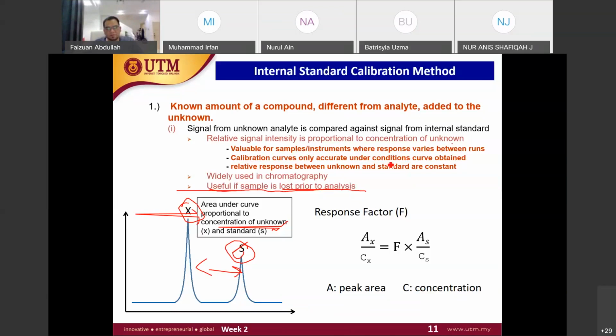A calibration curve is only accurate under the conditions it was obtained, and the relative response between unknown and standard is constant. For these two peaks, we already know the difference between them, so there will be a response factor there. Wait for a while.